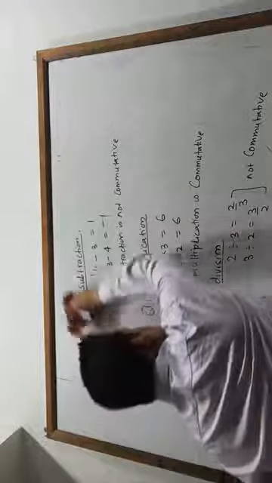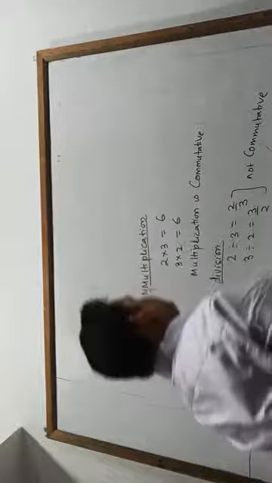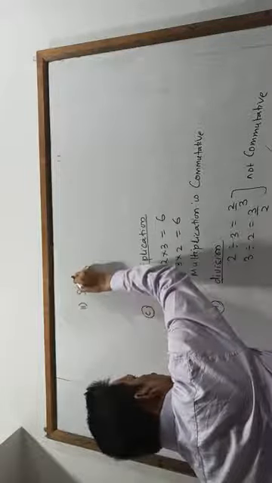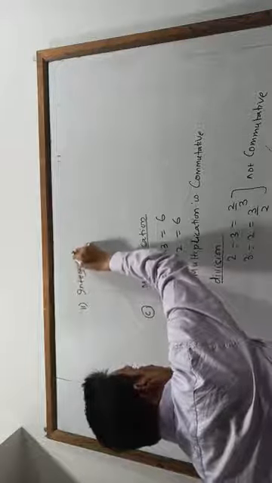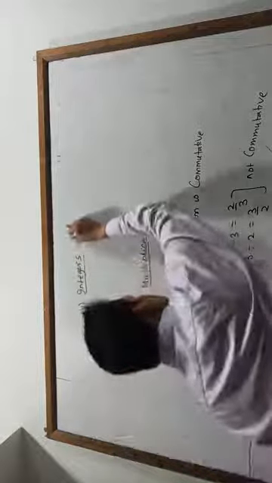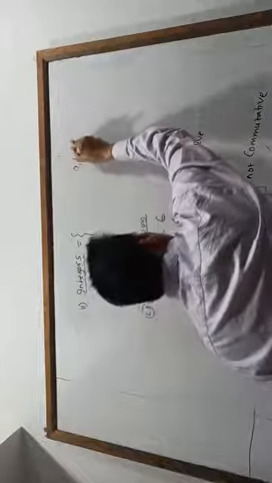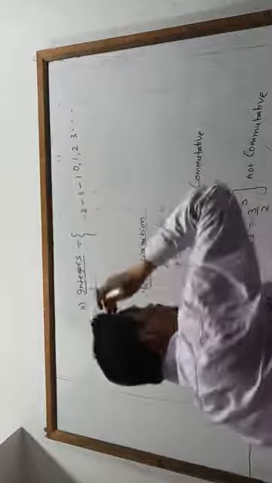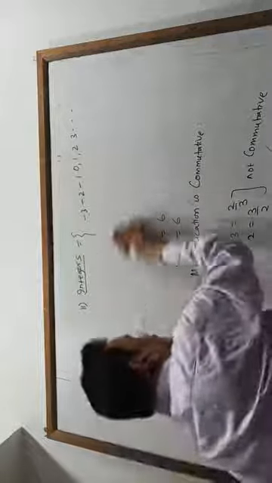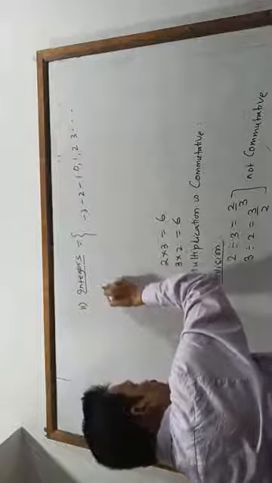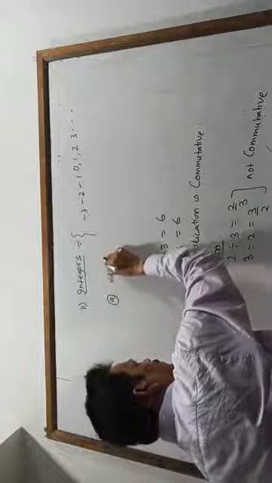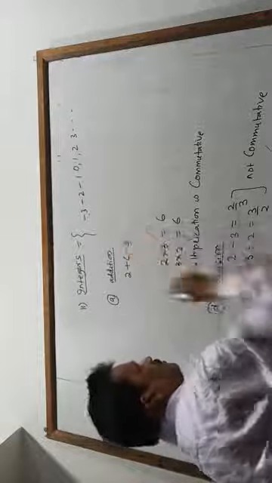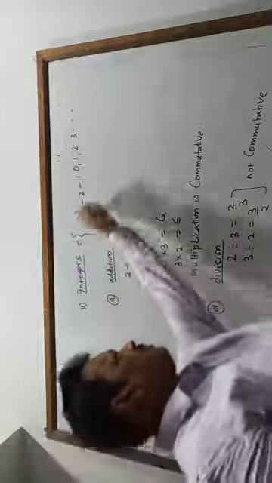Okay, let us see integers. Integers are like 0, 1, 2, 3, minus 1, minus 2, minus 3, like this. So let's start with addition in integers. Like 2 plus minus 3. I have taken 2 and minus 3.